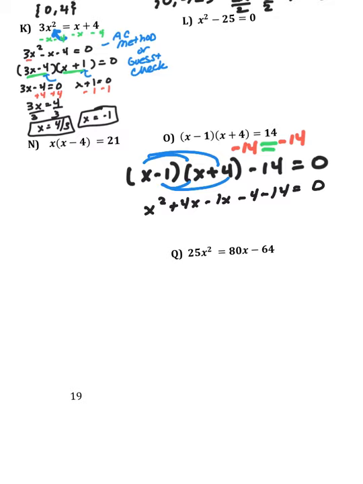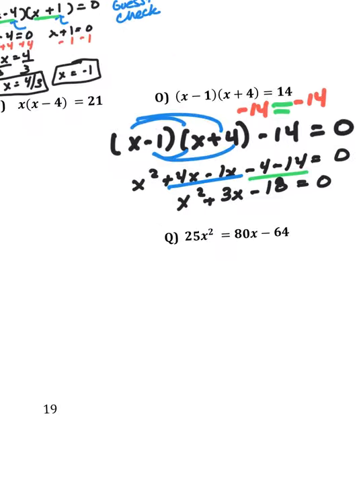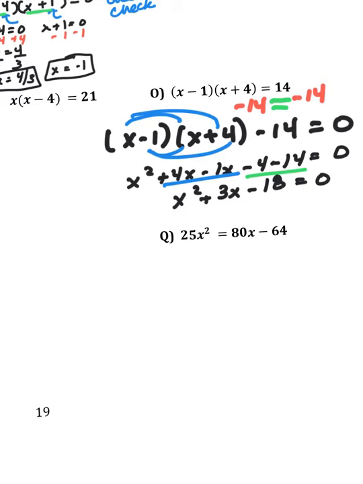And the trinomial we end up with is x squared plus 3x minus 18 is equal to 0. Okay, and so this should be an easy one to factor, right?